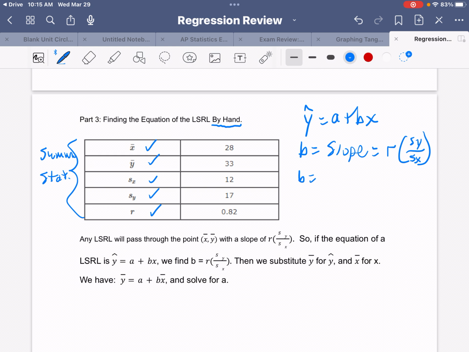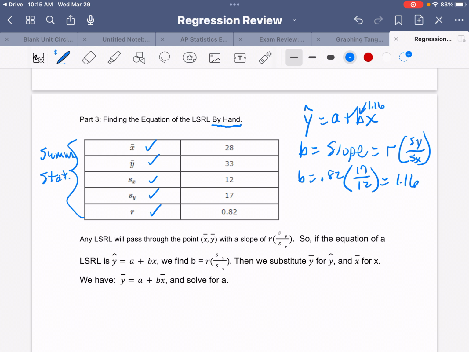So b equals 0.82 times 17 over 12. Let's see, 0.82 times 17 divided by 12 is 1.16-ish. So now I know that 1.16 is going to go there.